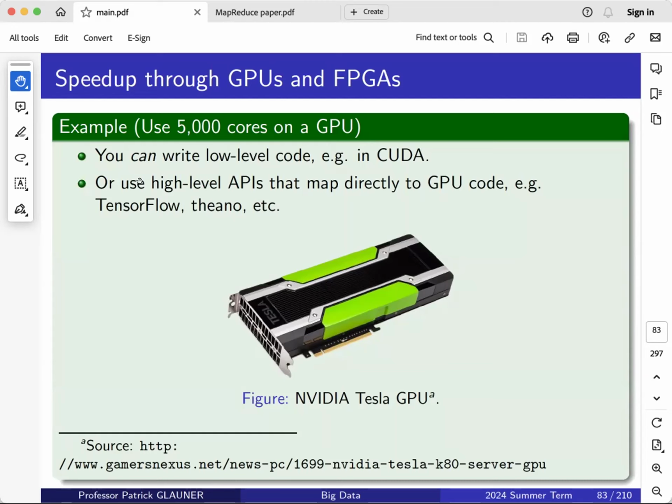So why are GPUs that successful or that important for training neural networks? Eventually, a neural network and its training, as well as its forward propagation for predicting, can be described in terms of linear algebra operations very well. For example, in terms of matrix multiplications to a large extent.